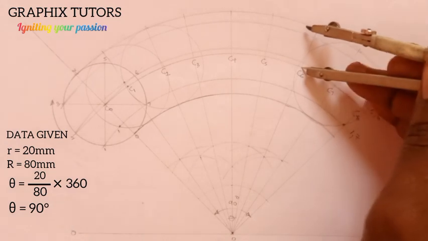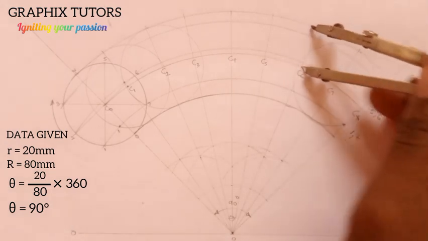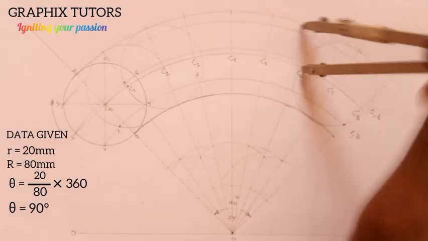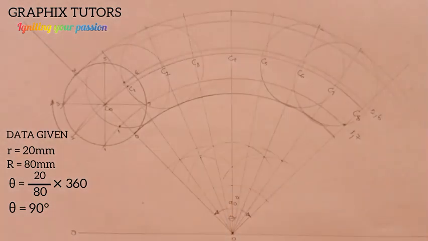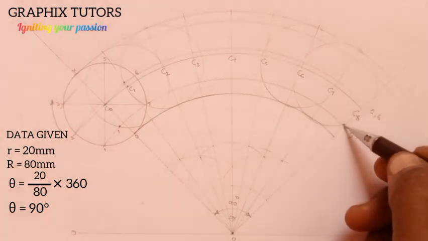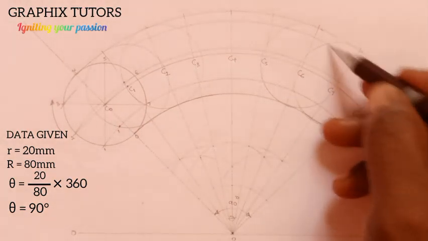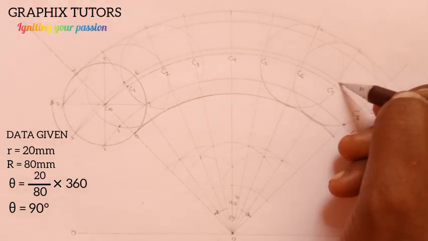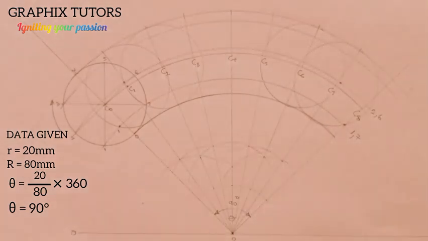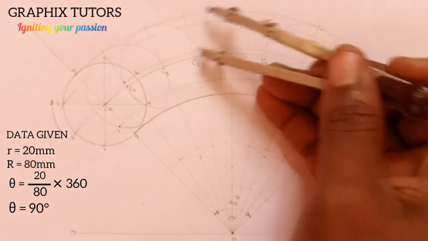Now do the same thing. Now this is 6, so circle 6 is touching, if you trace it, at this point here, right? Now go again to 3.